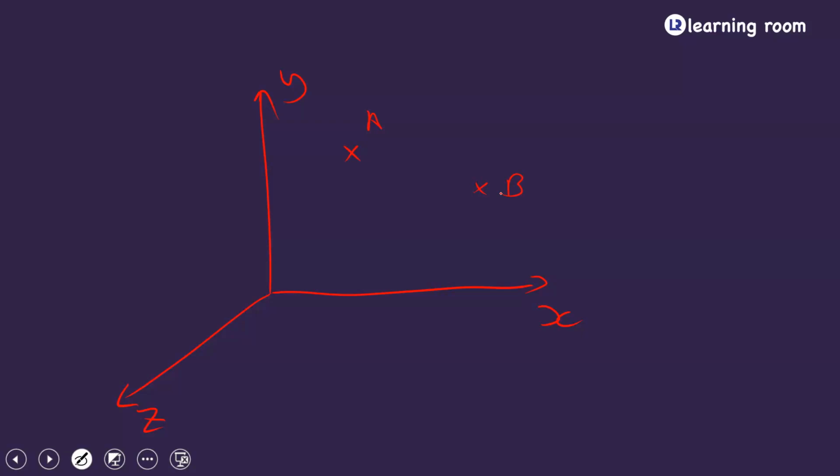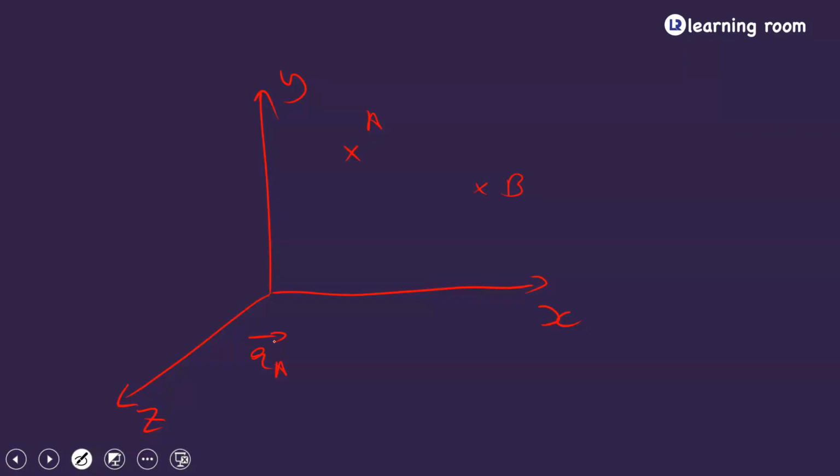So what I can do is define this position. Listen to this, watch this, and think about it. I can write something called a position vector, the position of A, as r with an arrow mark on top. The arrow basically means direction.